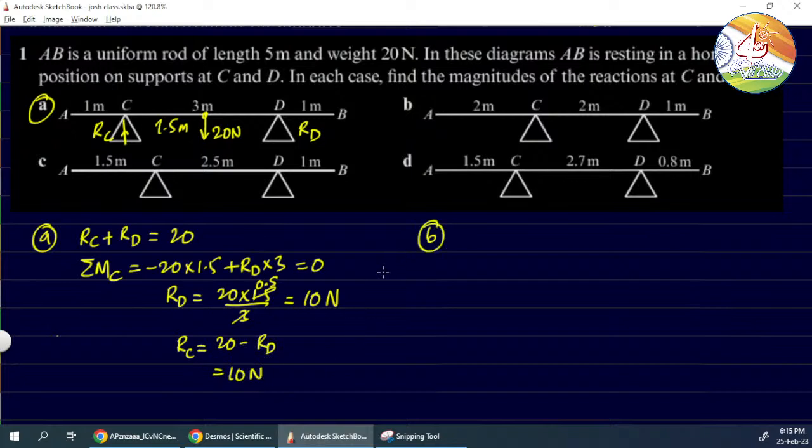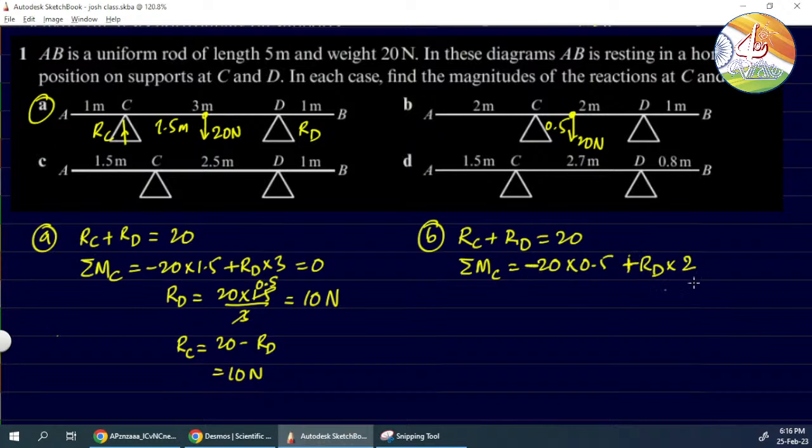Here this one will be slightly different. It will act at the center, 20 newtons. Center means from this end it will be 2.5, so this distance will be 0.5, correct? Once again RC plus RD will be 20, and let's take moment about C. That is 20 into 0.5, clockwise, so minus, and RD into 2, anti-clockwise, so plus.